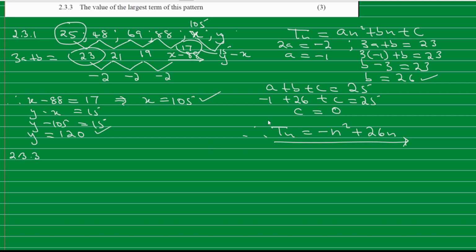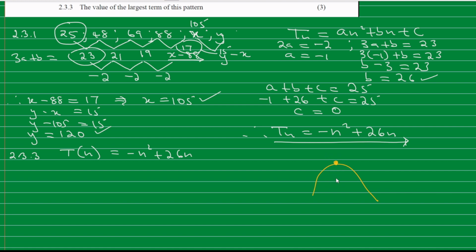When we look at this term, it's a quadratic function. We can write it as T in terms of n is -n squared plus 26n. If you were to sketch it, it's concave down. So the largest value will be the maximum, the turning point.